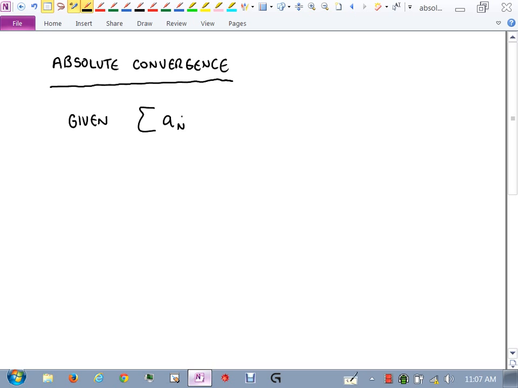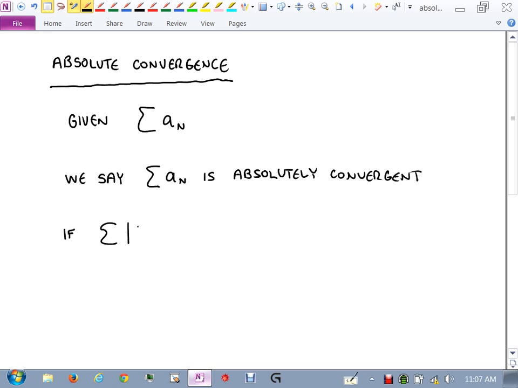Given a series, we say that this series is absolutely convergent if the series, which is comprised of the absolute value of the sequence, converges.